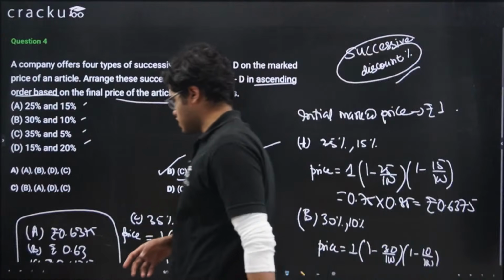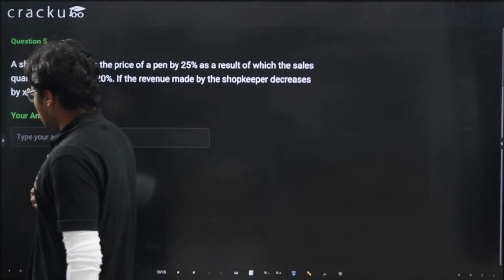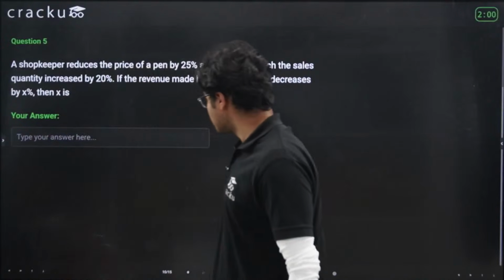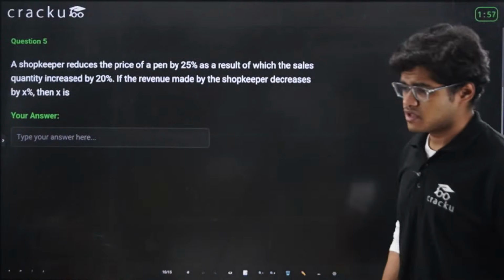Okay, let's move to the next question, guys. Do solve this question. Again, a very easy question. You can solve it very easily.